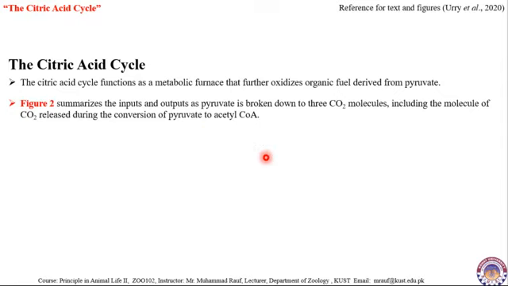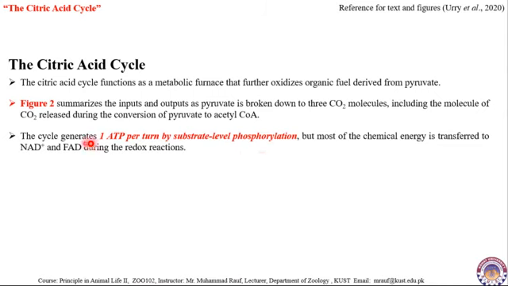So all the 3 carbons of the pyruvate are completely oxidized. The cycle generates 1 ATP per turn.